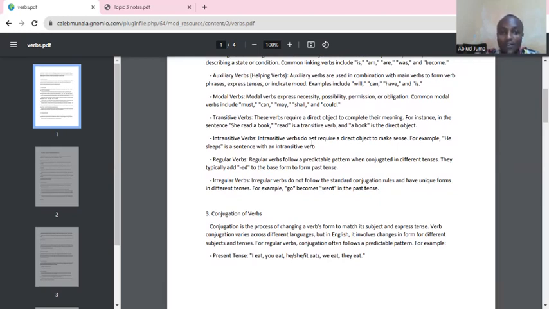And we also have the regular verbs. Regular verbs follow a predictable pattern when conjugated in different tenses, and they typically add ed to the base form for the past tense. Irregular verbs are verbs that do not follow standard conjugation rules and have unique forms in different tenses. For example, go becomes went and not goed.